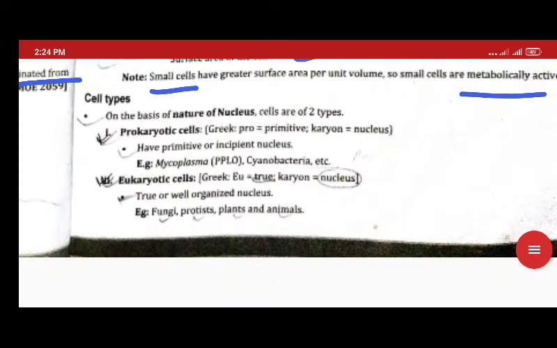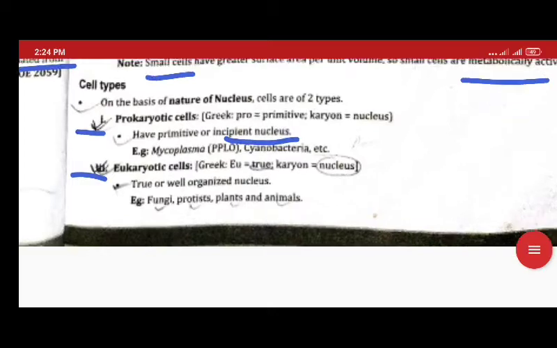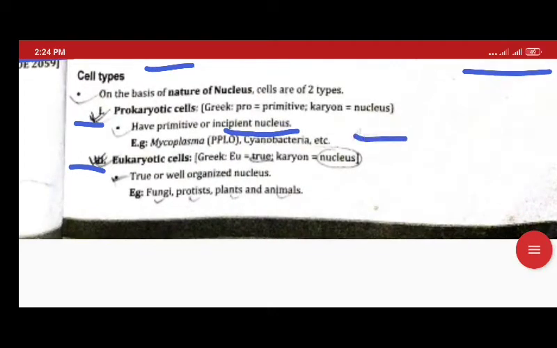Now types of cell. We can define types of cell on the basis of the nucleus, that is prokaryotic and eukaryotic. In prokaryotes, the nucleus is not fully organized, known as incipient or primitive nucleus, where no covering is developed. Examples are mycoplasma, cyanobacteria, and bacteria.